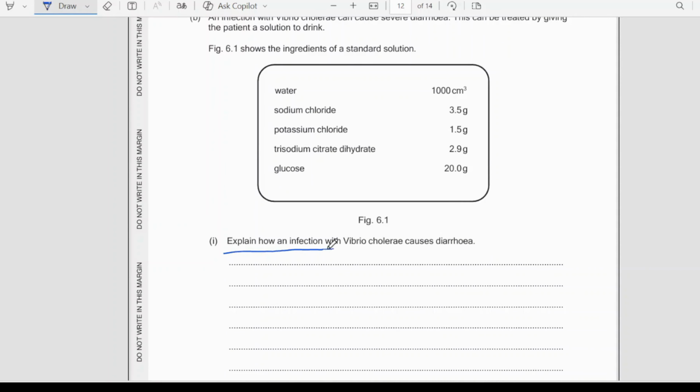How does this infection cause diarrhea? Just now I've told you the whole process.